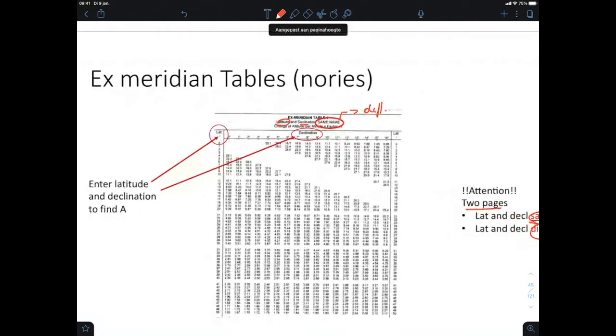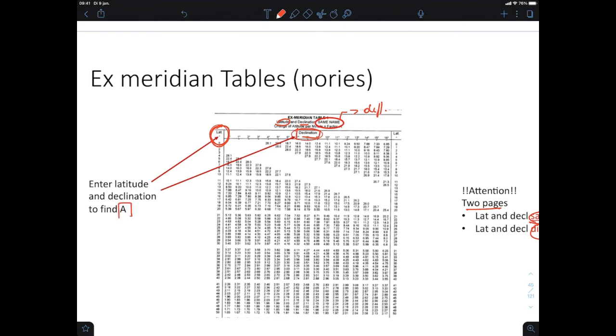And how do you have to enter this table? First of all, you will have to use your latitude, and secondly, your declination. With these 2 elements, you will find the value for A.